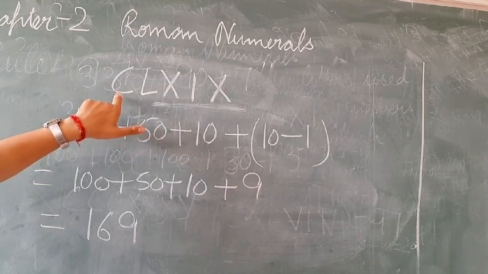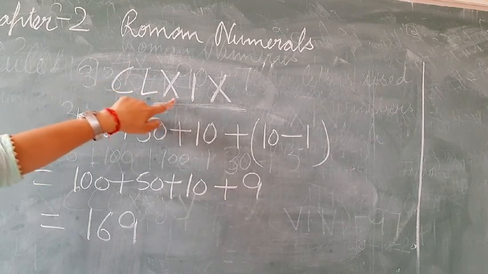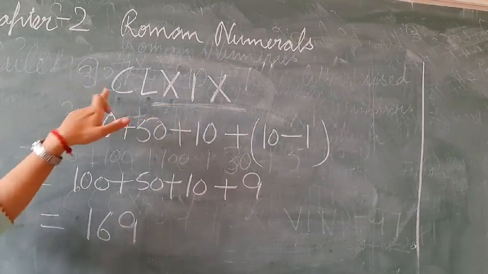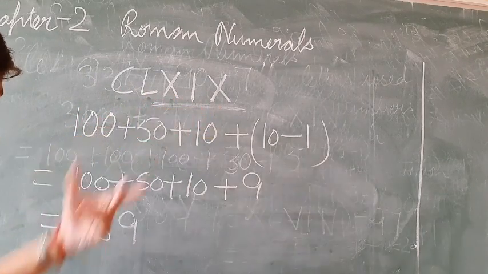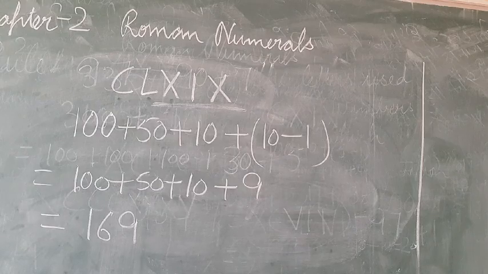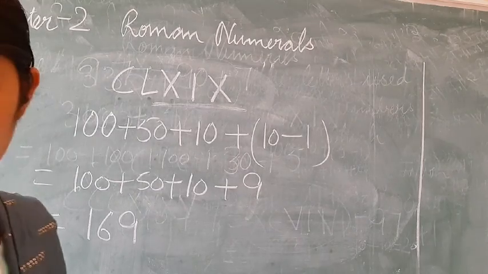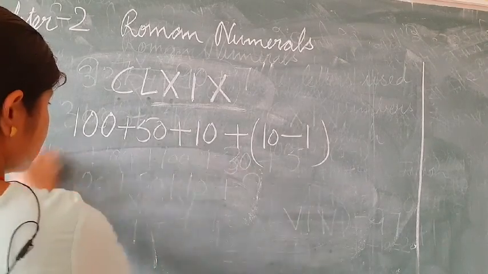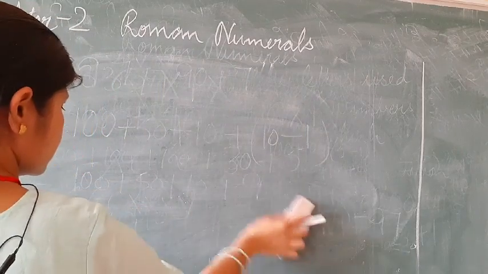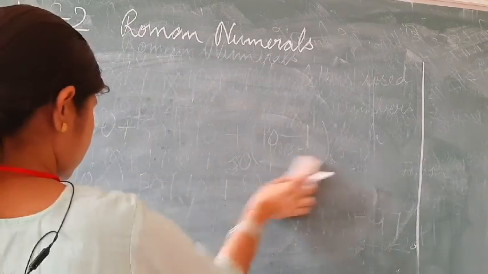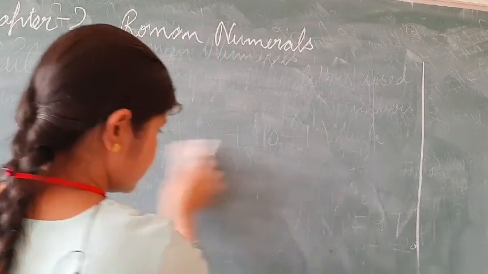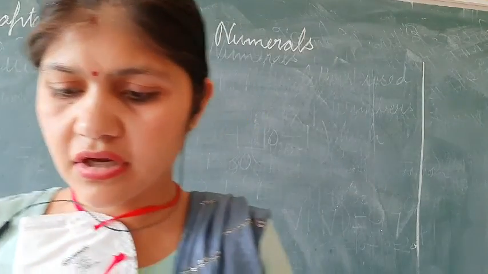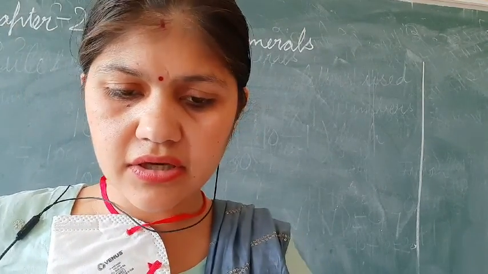C is 100, L is 50, X is 10 and this is 9. 100 plus 50 plus 10 plus 9 is 169. Okay students, up to here you have to write all this in your notebook.